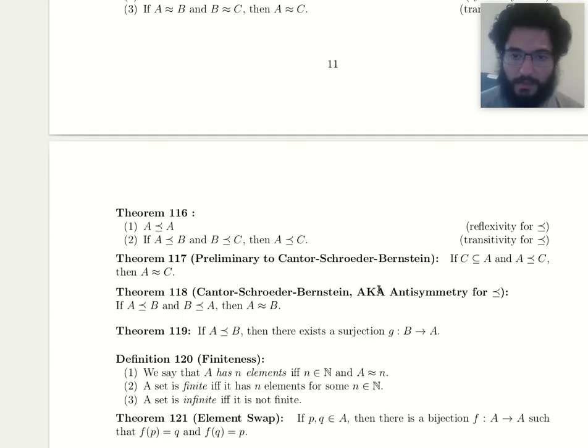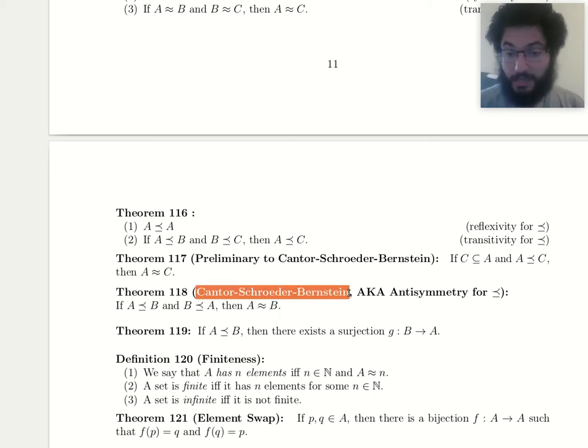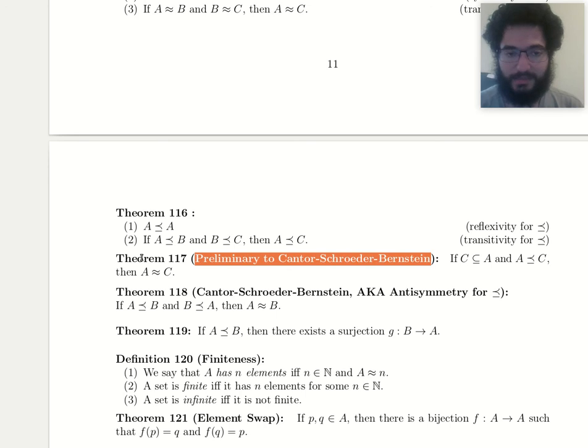And that turns out to be what you also have for the weird curvy less than or equal to symbol. If there exists an injection from A to B, and there exists an injection from B to A, then there exists a bijection from A to B. You can see this theorem has three names on it, Cantor, Schroeder, Bernstein, and it even has a preliminary lemma that helps to prove it.